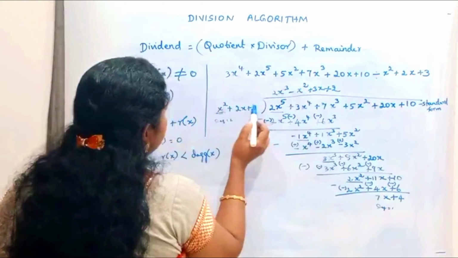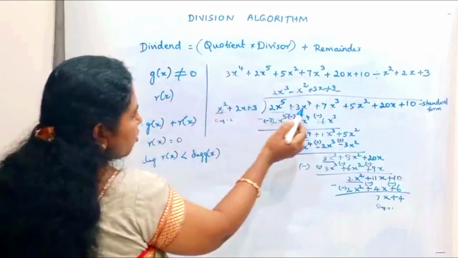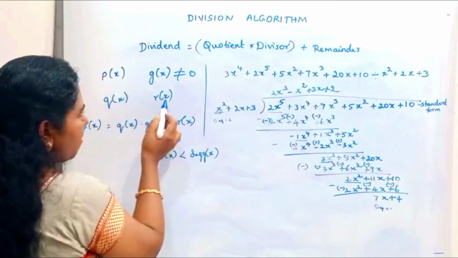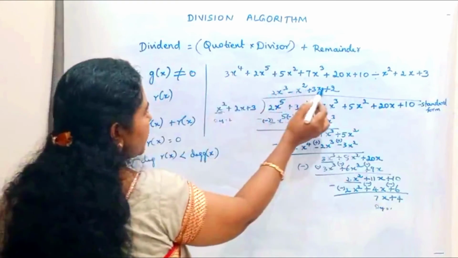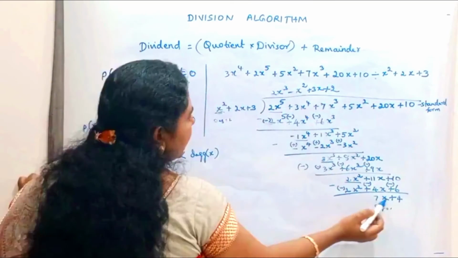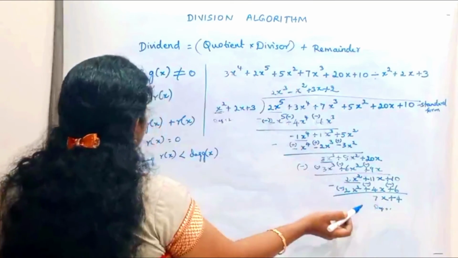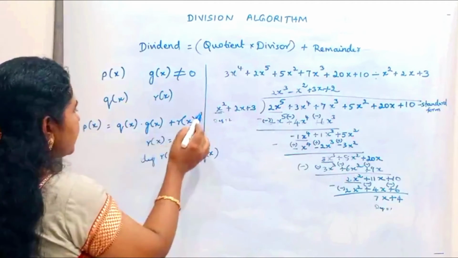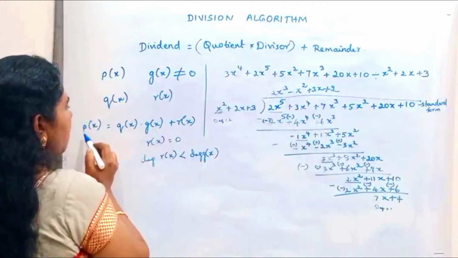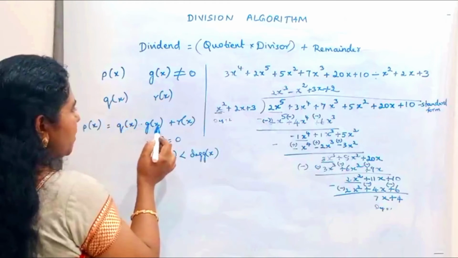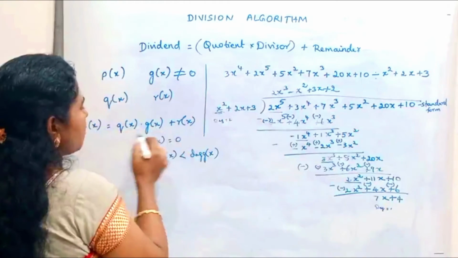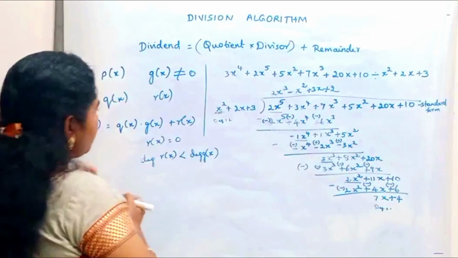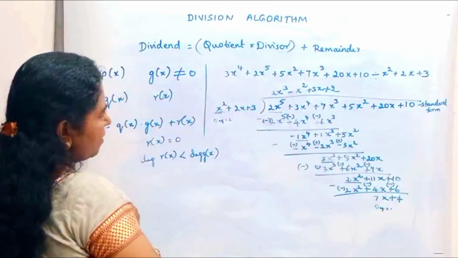This is the divisor, it is g of x. Both were given first, and we have found out q of x and r of x. q of x is the quotient and r of x is the remainder. So we have found out both, and they should satisfy this condition, that is p of x is equal to q of x into g of x plus r of x. So now this we have to check for this problem. Okay, so now this is the division algorithm.